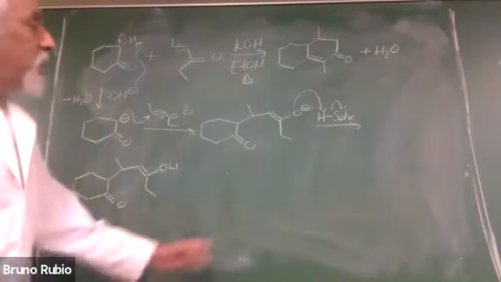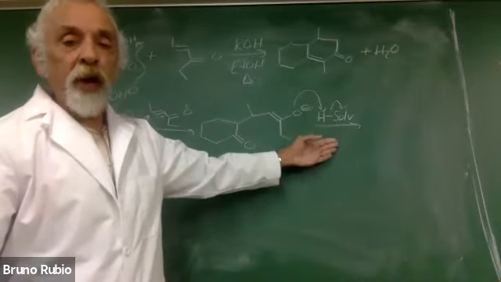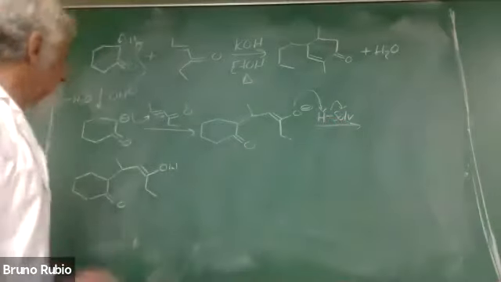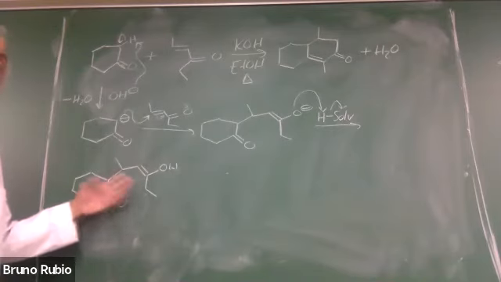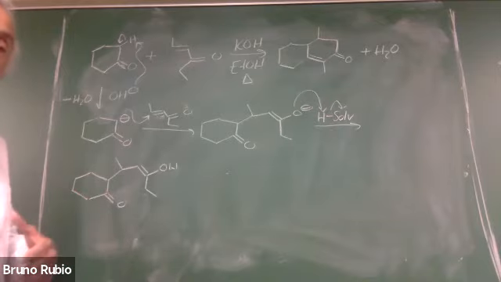So I have that, and if this is water, I would have OH minus. If this is ethanol, I would have ETO minus. Okay, and what's this? Oh, that's an enol. And what do we know about most enols? They are unstable relative to their keto tautomers.